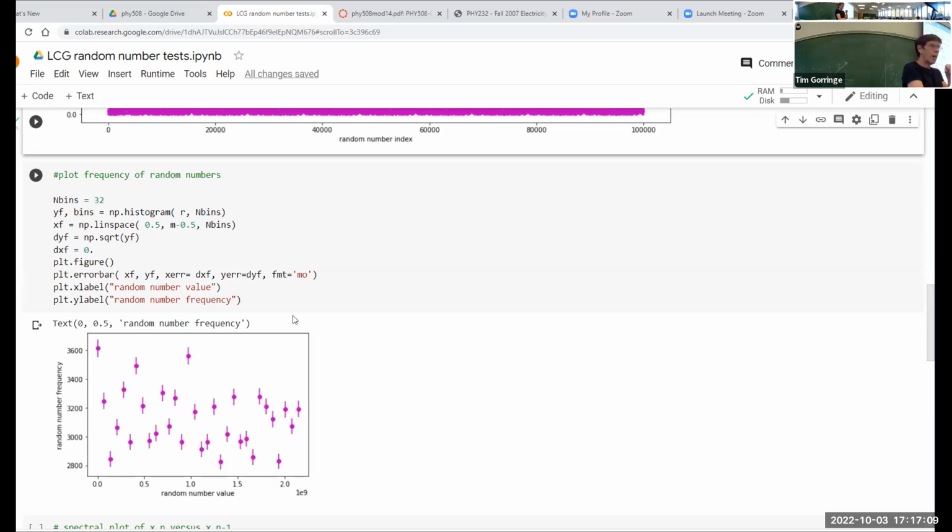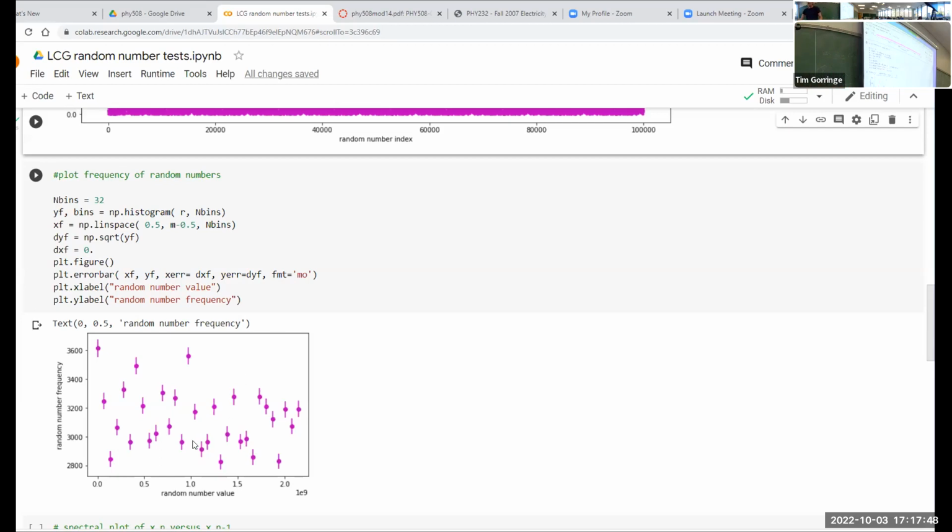And I'm just going to histogram how many times I got a random number in each of those intervals. If it is random, then we should get statistically equal numbers of random numbers in the 32 intervals. There'll be some noise on it because I've got a finite number of random numbers. I've got 100,000 random numbers, but within that statistics, I should see equal numbers in the 32 intervals.